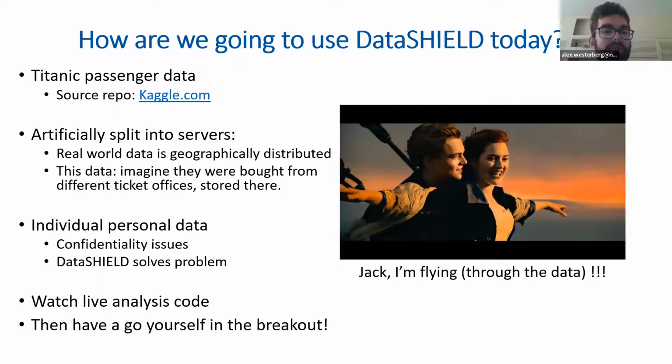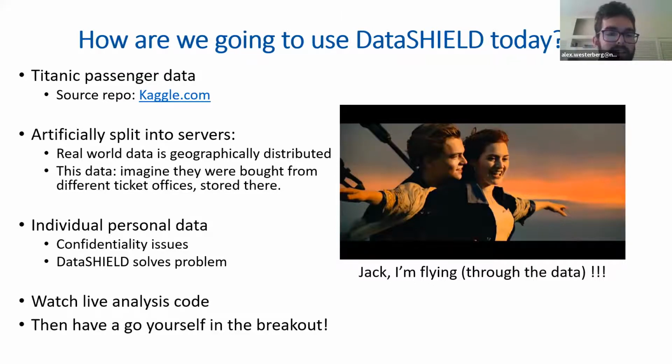It is quite suitable for the purposes of DataSHIELD because it does contain personal data about individual passengers of the Titanic. So if the Titanic was sailing today instead of 100 years ago, there would be confidentiality issues around that, which DataSHIELD is well suited to solve the problem of analyzing.